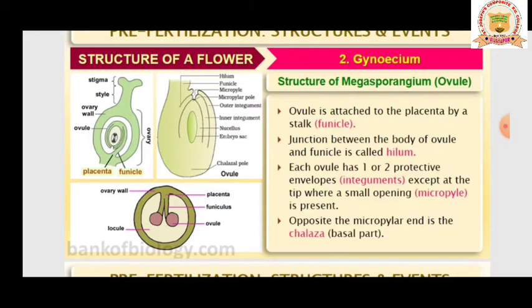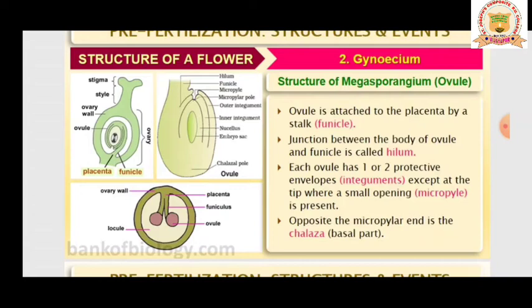Each ovule has one or two protective envelopes, termed integuments, except at the tip, where a small opening, the micropyle, is present. At the tip of the ovule there is this small opening called the micropyle, through which the pollen tube will enter.